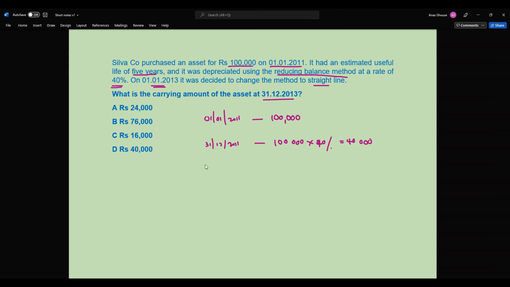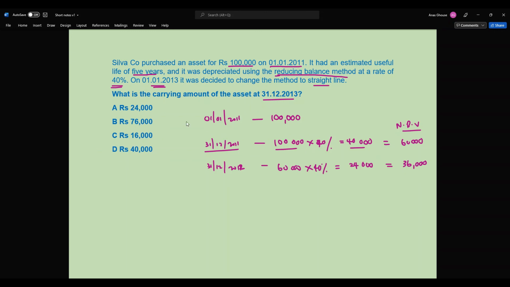Since this is based on the reducing balance method, you need to take the net book value. The net book value at the end of 2011 will be 100,000 minus 40,000, which is 60,000. On this 60,000, 40% will be 24,000. So the net book value at the end of 2012 will be 36,000.